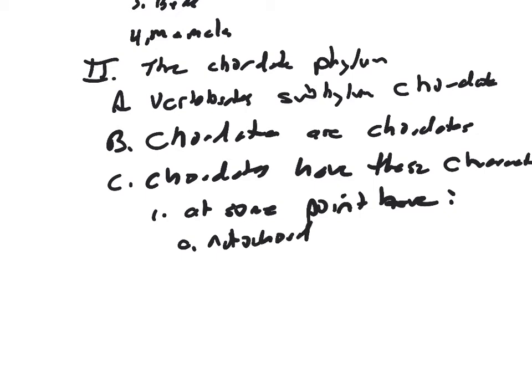And at this point, if you don't know what a notochord is, you go research that and you'd write it in there. For right now, I'm just going to keep going to show you how to do this. B, nerve cord. C, slits in their throats. That means that we all had slits in our throats at some point in our lives. When we were in the womb, we did, actually. And then I would say the phylum name comes from the notochord.